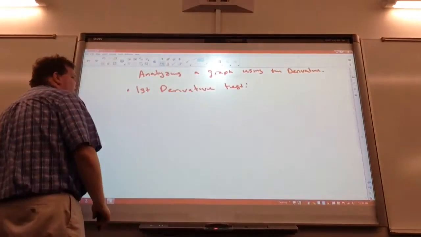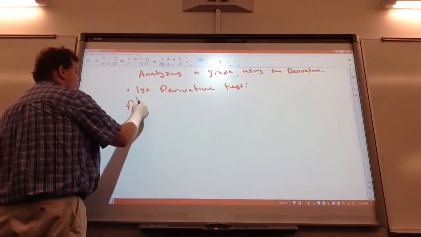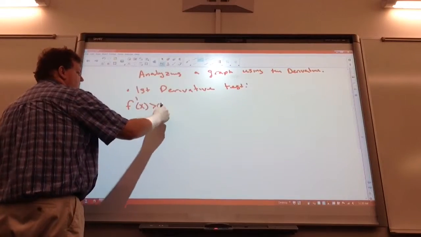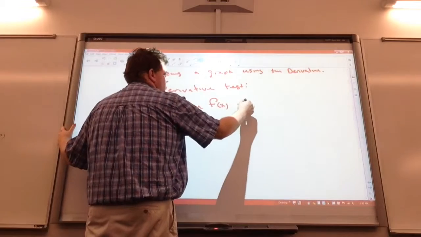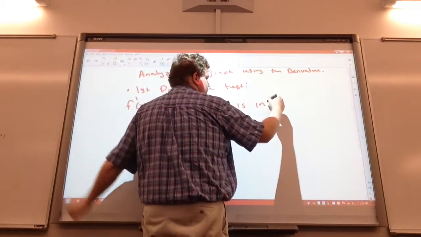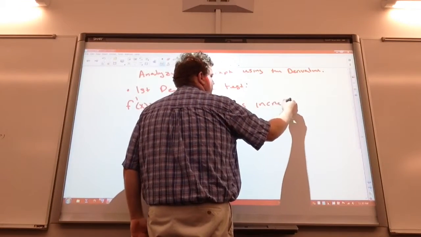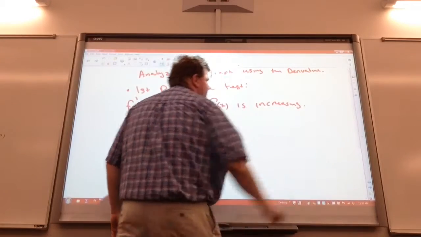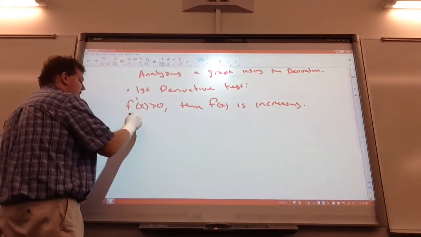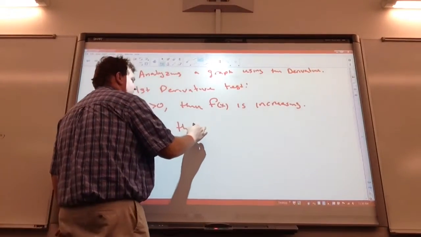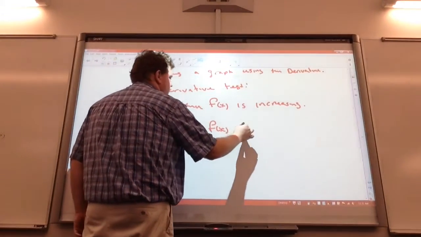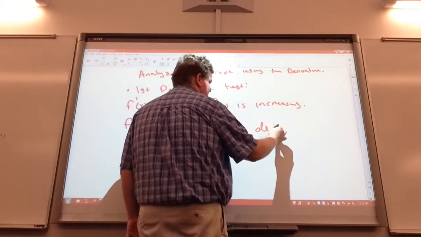And what it says is the following. If f prime of x is greater than 0, then f of x is increasing. If f prime of x is less than 0, then f of x is decreasing.